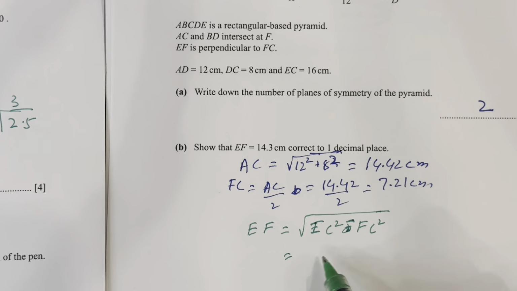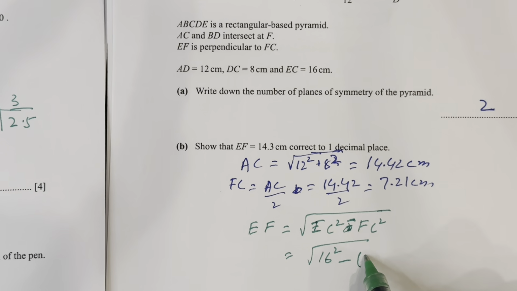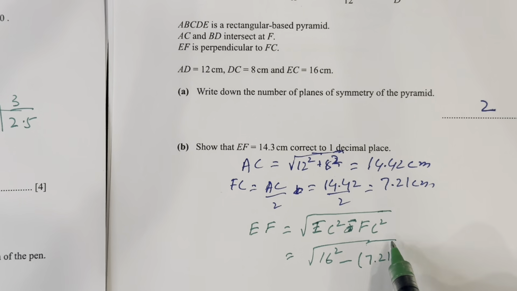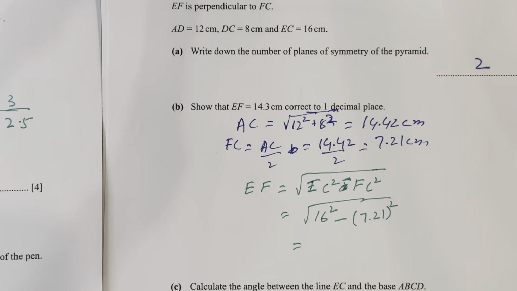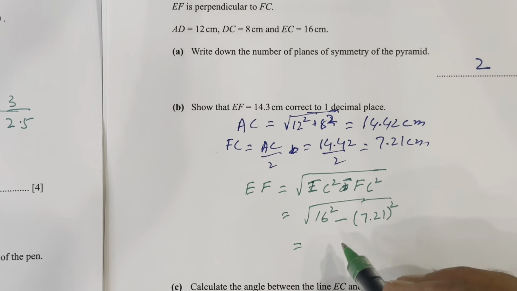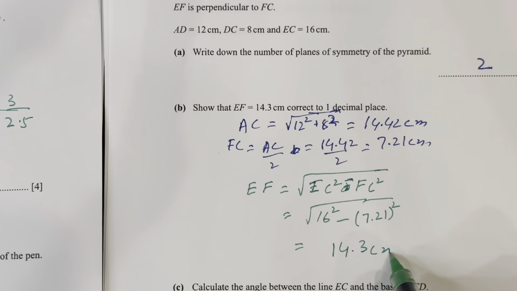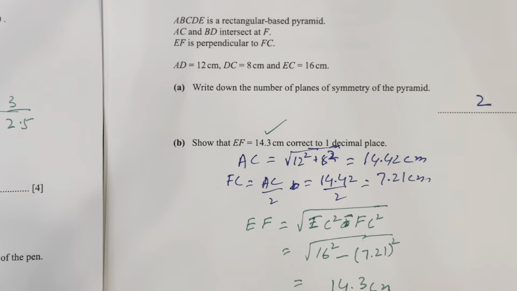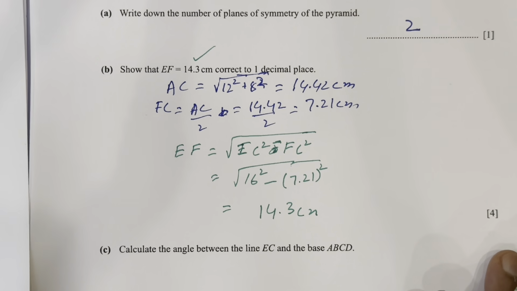So you're gonna take the square root of 16 square minus 7.21 square, which we just calculated in the previous part, and our answer will be 14.3 centimeter. And this was required to show. So 14.3 centimeter would be our final answer.